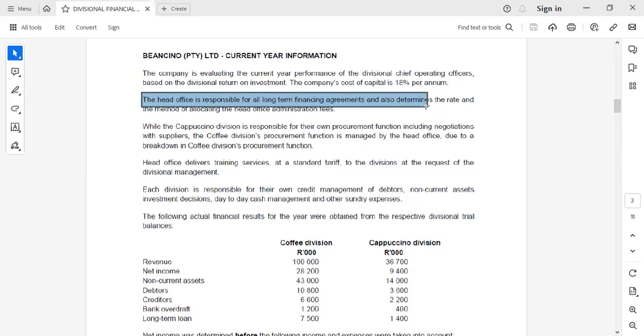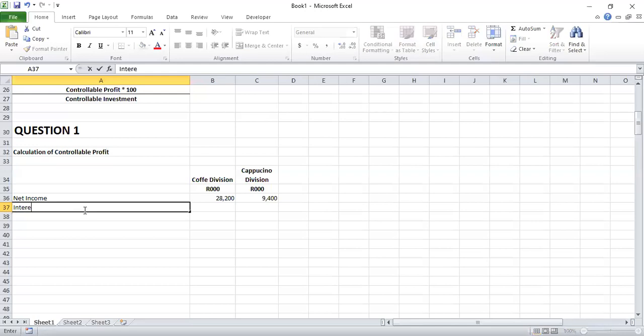Any questions there? So we can just say interest on long-term loan, or you can leave it if it's an exam scenario.